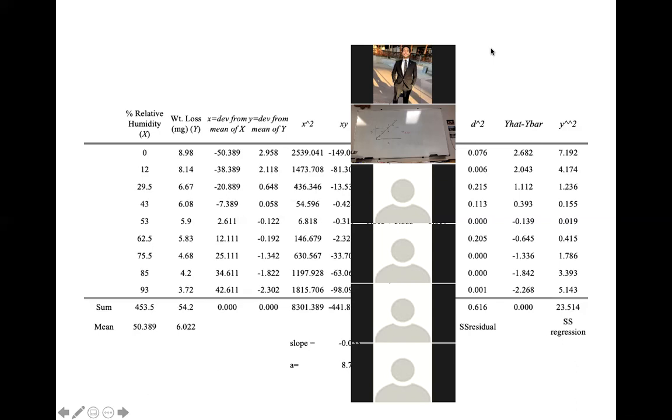That's how you would calculate sums of squares residual: variation between the data point and the mean. Now we have two means floating around our conversation.